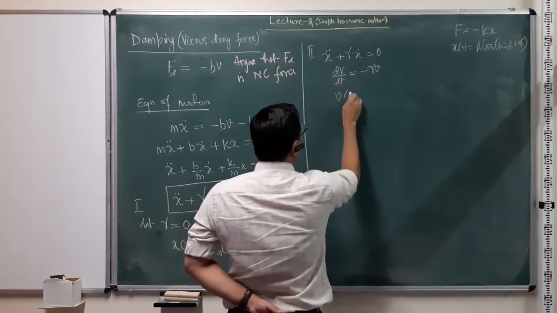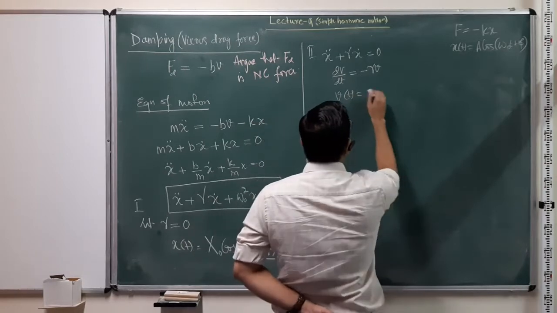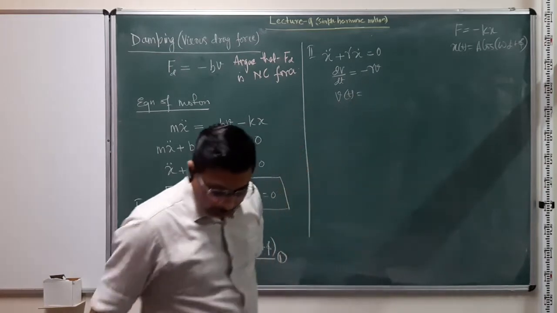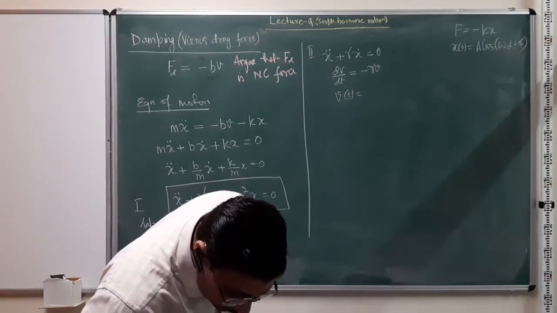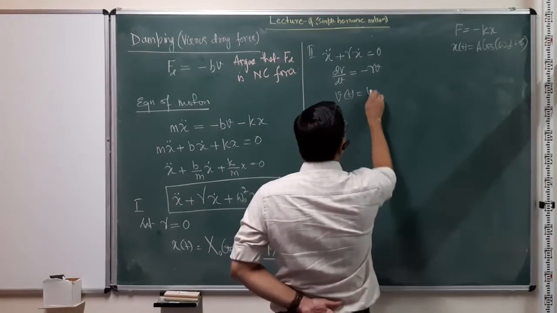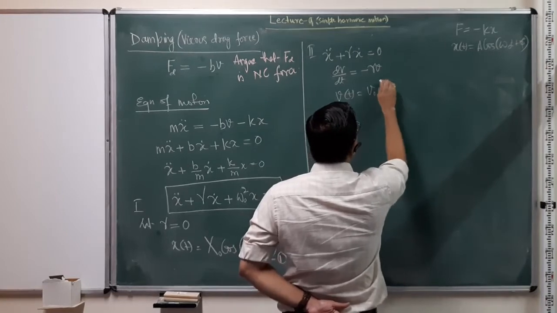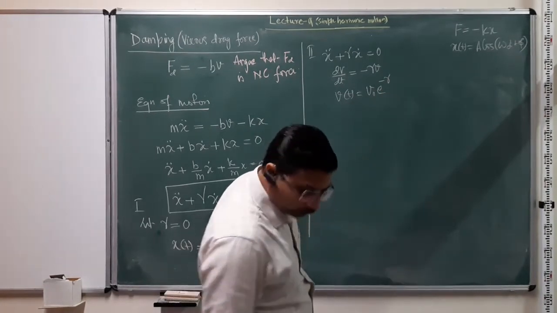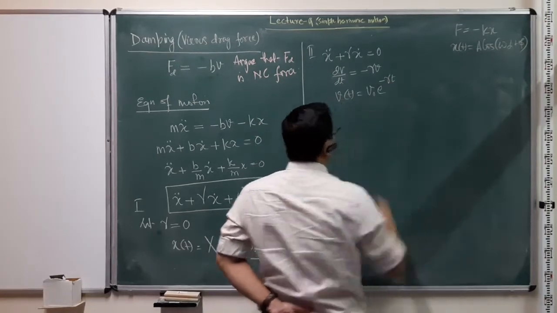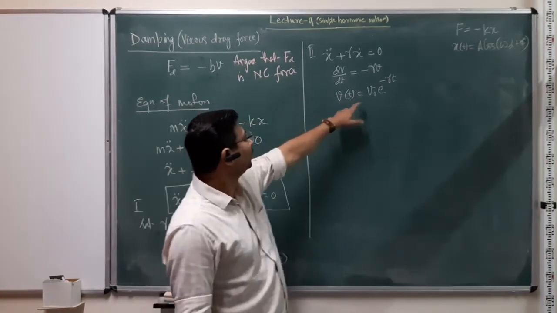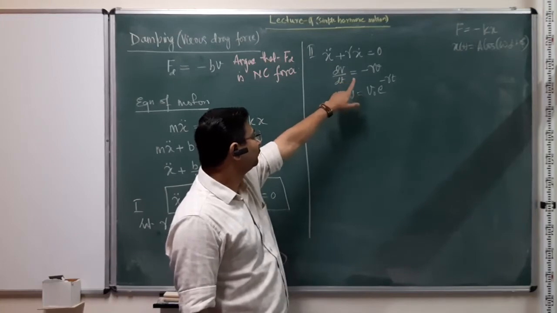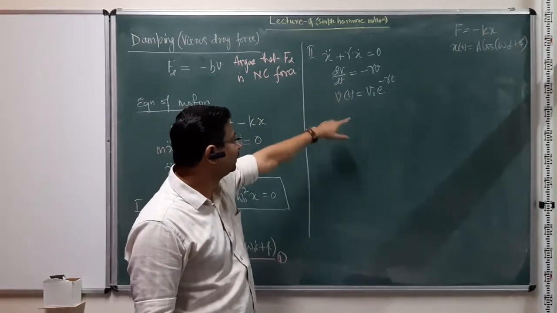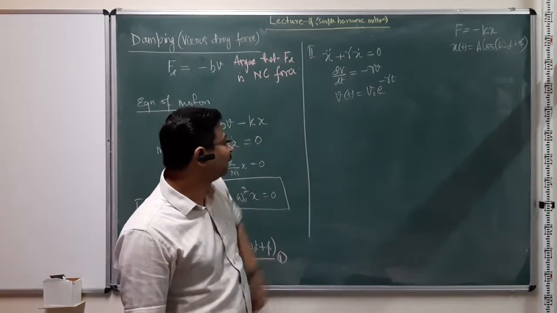So this will give me v of t as some v0 exponential minus gamma t, right? This is the solution. This is more or less same as what you have also seen in case of radioactivity, right? So this is a simple first order differential equation and the solution for that.